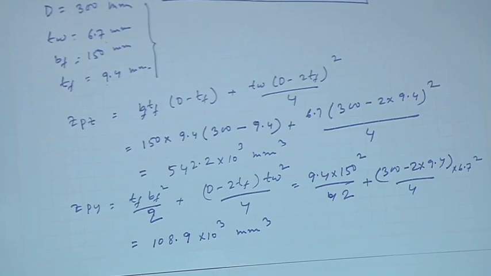So, this is how one can find out the plastic section modulus of a given section, and this knowledge will be useful for calculating the design bending strength of the member. Right.